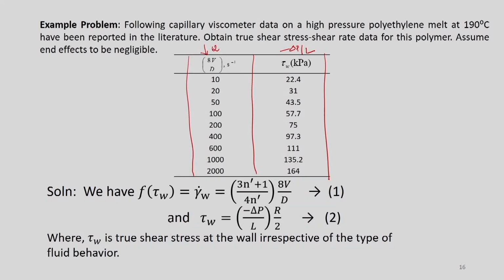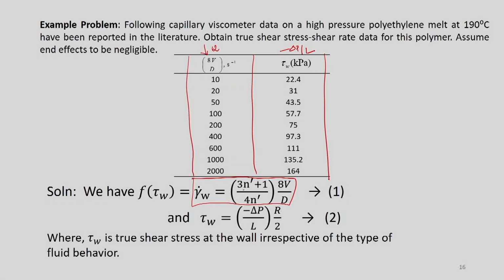So, what we need to do? We need to obtain that correction, 3n prime plus 1 by 4n prime. If it is a Newtonian fluid, then this 8V by D is the true shear rate, and that correction 3n prime plus 1 by 4n prime will come close to 1. So, now what we do? We make use of these two equations that we already derived just now.